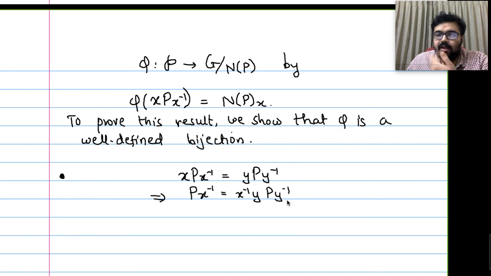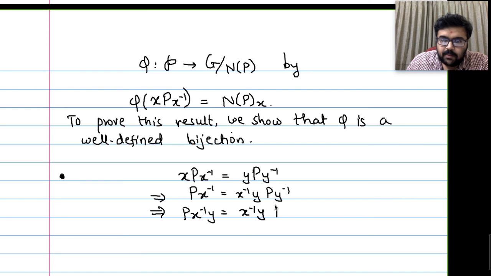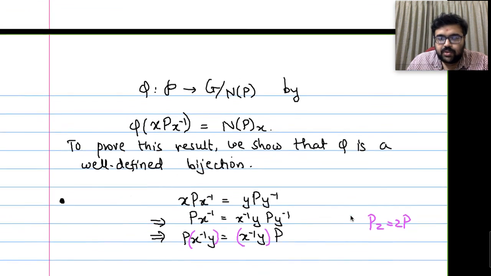Now multiply by y on the right. So we have p x inverse y equals x inverse y p. So what did we get? If I call this my element z, I have p z equals z p. So what happens?